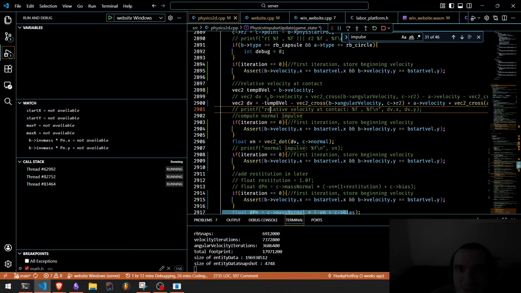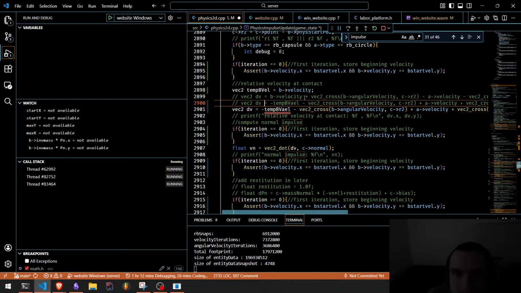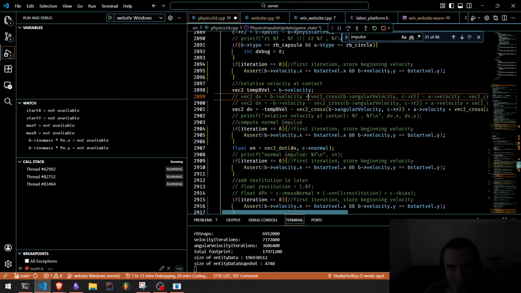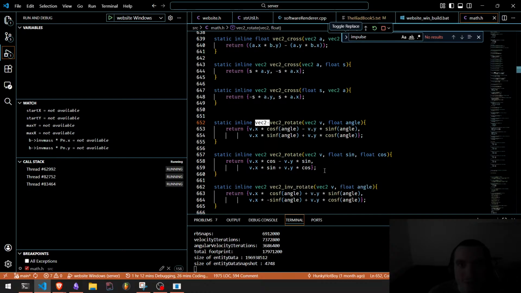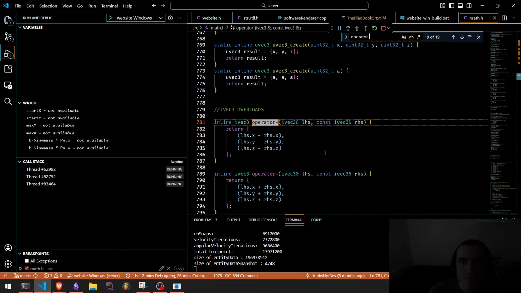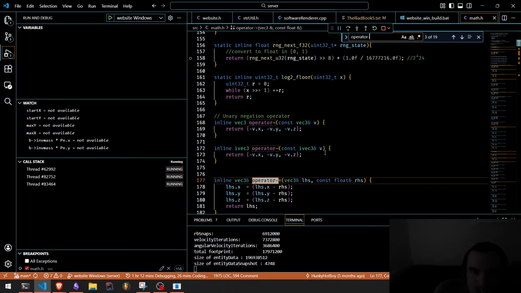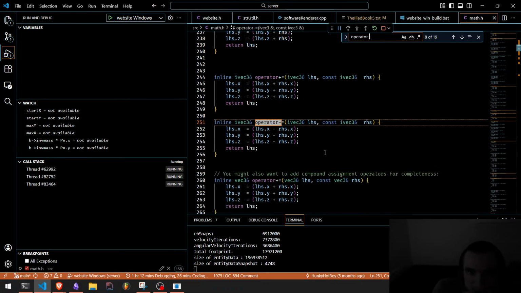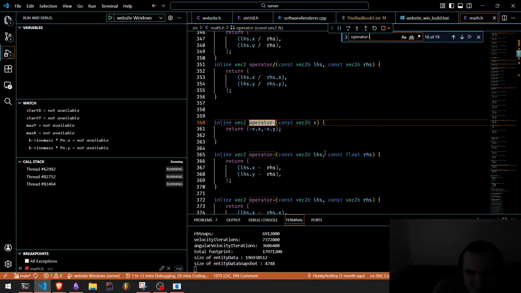Okay, and that definitely is, because when I do negative B velocity, when I was doing this, it was somehow adjusting the memory, and I think that is because of the operator overloads over here. So I do operator minus or minus equals. I think it's because I'm taking the reference to it. Yeah. I'm taking a reference to it.